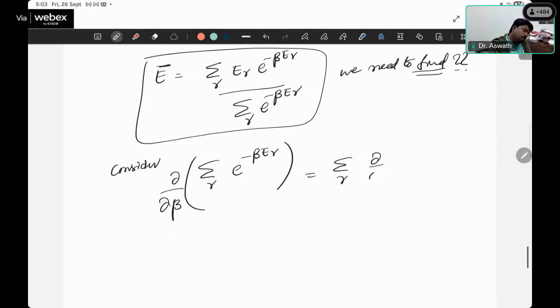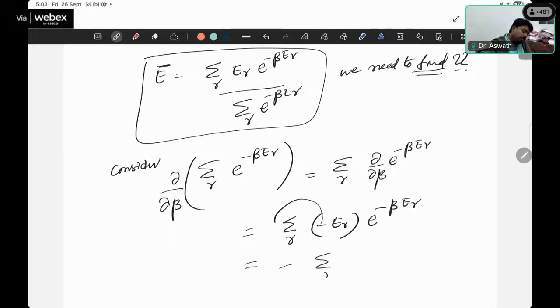So I'll have the derivative inside of exponential minus beta ER, which is minus ER exponential minus beta ER. Take this minus outside: minus summation over ER exponential minus beta ER.